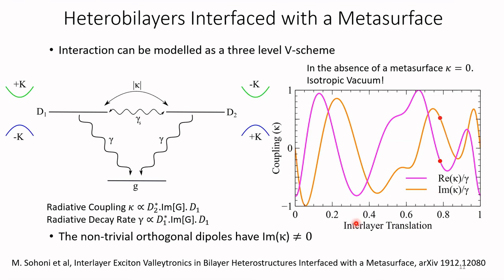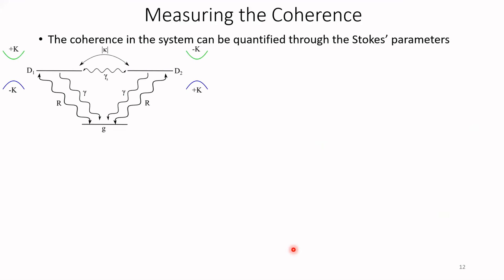That's what it physically means, because it's very hard to think of a coupling rate being imaginary. So the coupling rate is given by mod kappa. It's something to keep in mind. But the main takeaway from here is that because the dipoles are tilted, you have a non-zero imaginary part of kappa, which allows you to access the entire Bloch sphere.